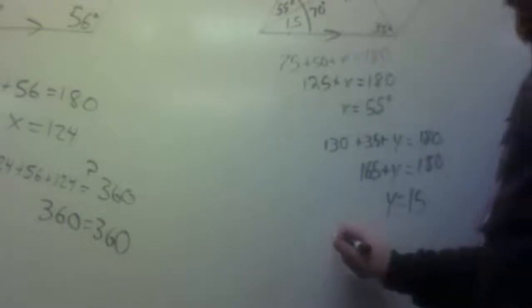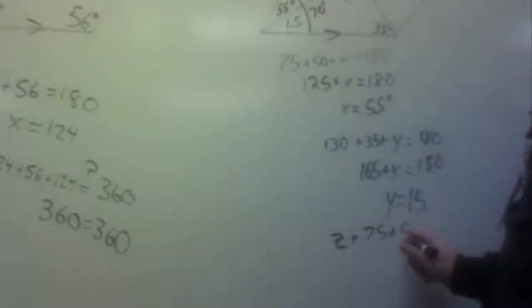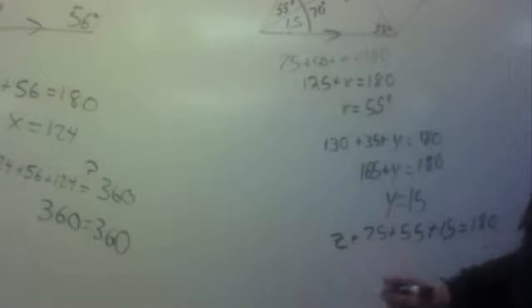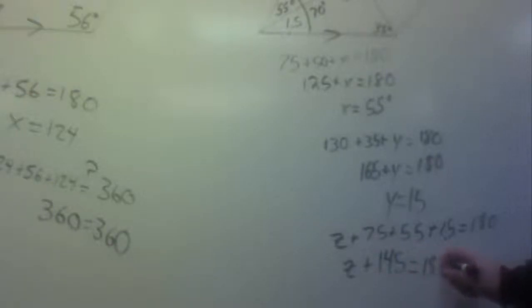So let's add those together. Z plus 75 plus 55 plus 15 equals 180. Z plus 145 equals 180. Z equals 35.